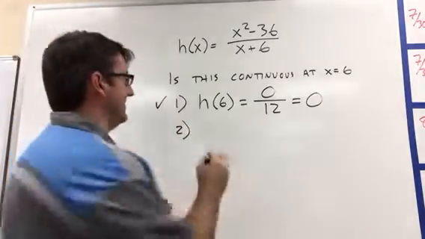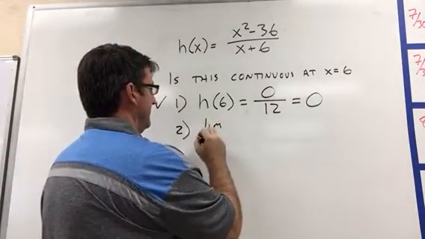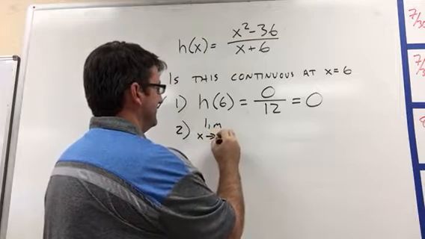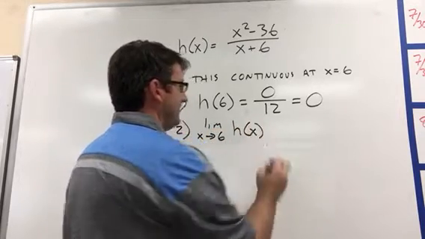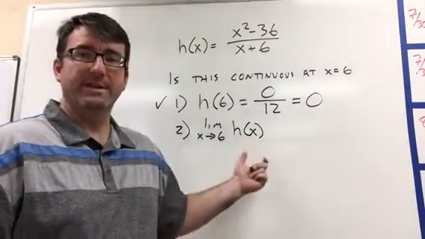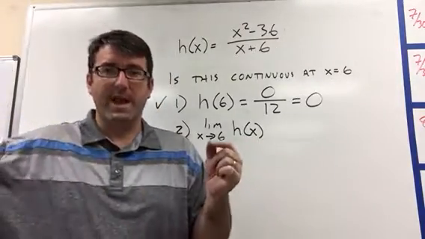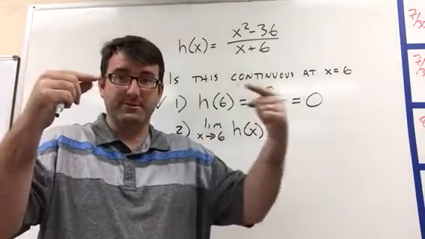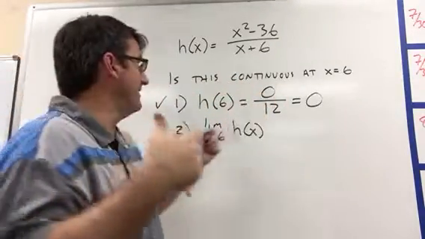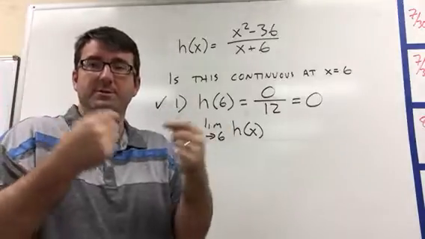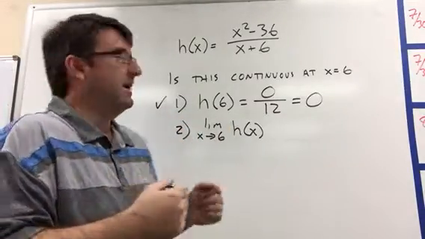So now we get to go to part 2. Part 2, does the limit exist? So the limit as x approaches 6 of h of x. And we want to see if that exists. In other words, as we get closer and closer to 6 from both sides, is our function getting closer and closer to some number?